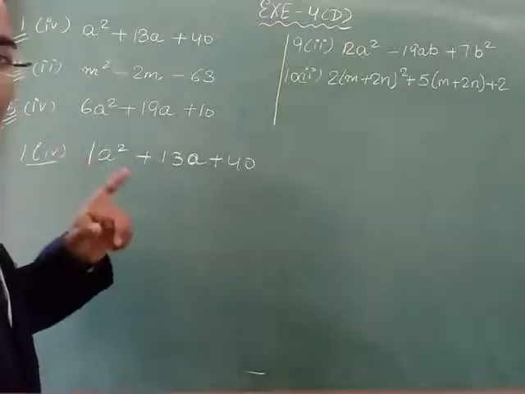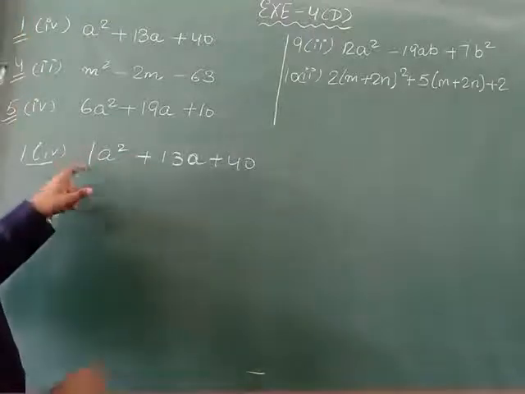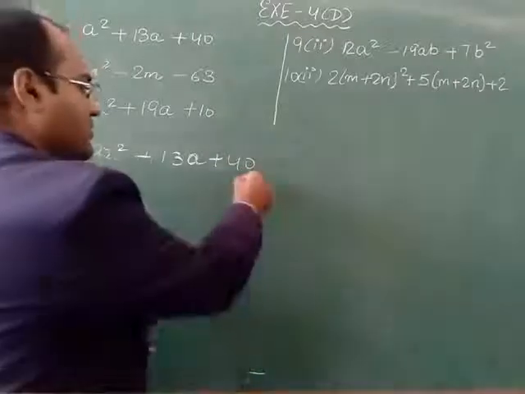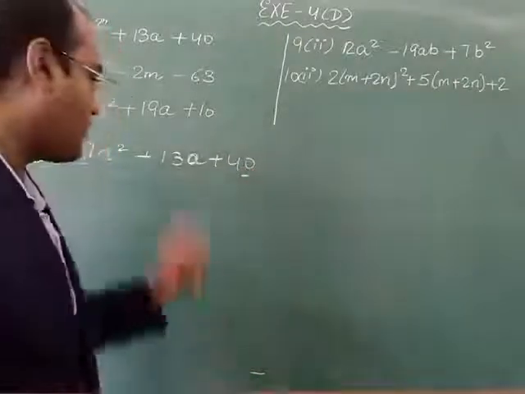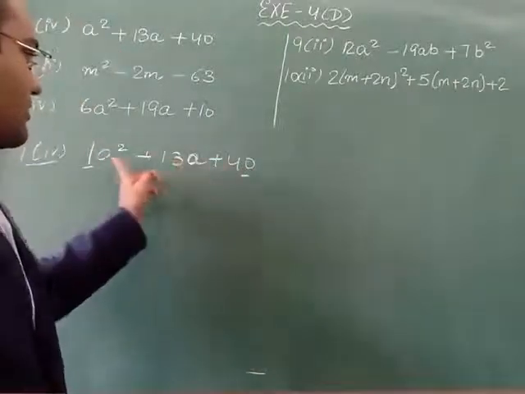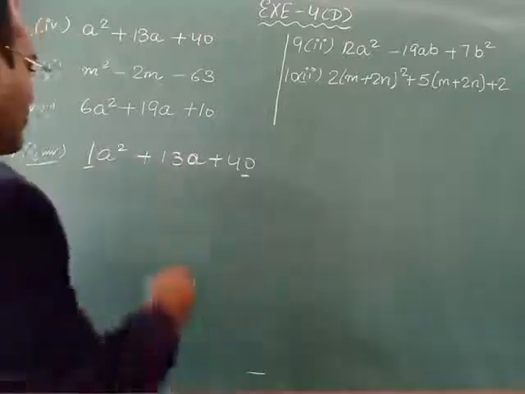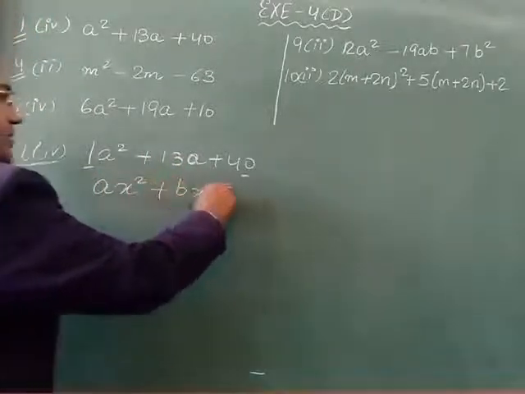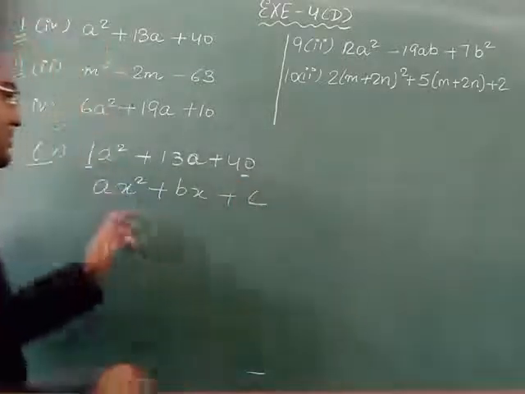Now we have to find the product of the first number 1 and the last number 40. This expression is written in the form of ax square plus bx plus c.